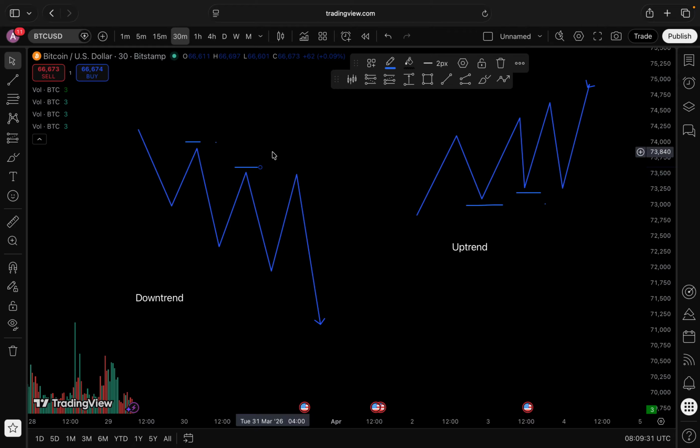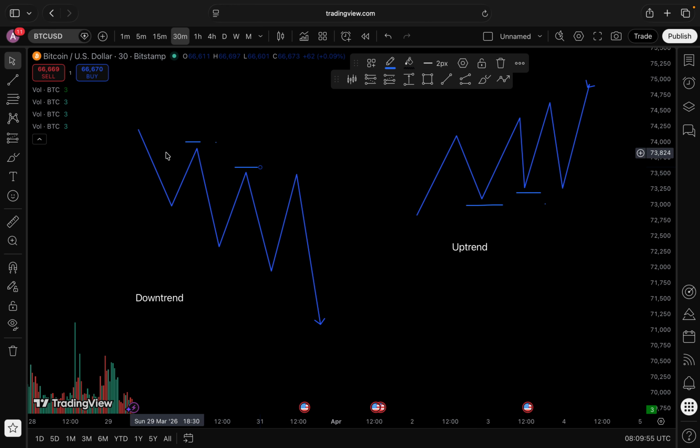That means the market wants to switch the trend, and then you want to be out as soon as possible. You don't want to be in losers too long, and you don't want to be moving your stop loss up and down, around and around. You want to keep your stops above a previous level, because if that level breaks, that's a bad sign. That means the trend wants to do something else.